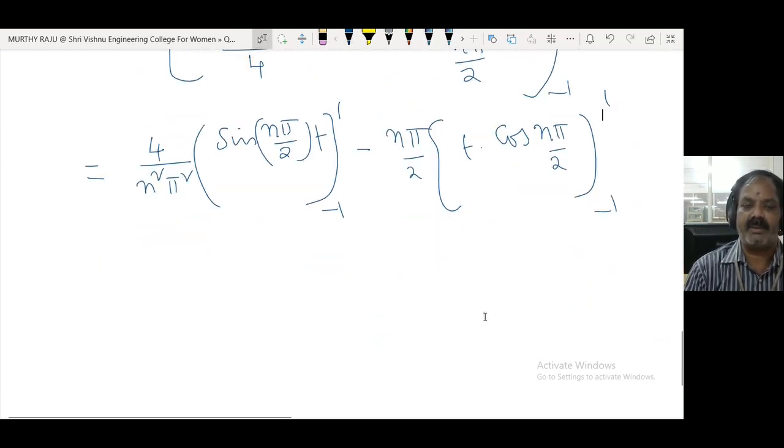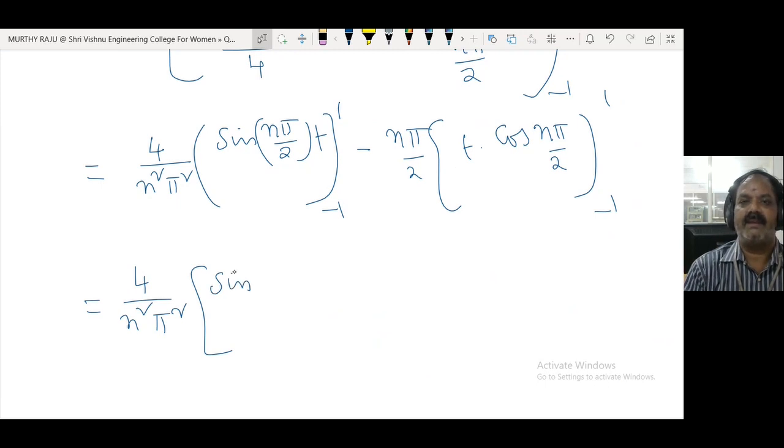Substitute these values in that expression. 4 by n square pi square sin, when t is equal to 1, that means sin(n pi by 2), minus the lower limit, where t is minus 1, sin of minus n pi by 2 is minus sin n pi by 2. That is minus minus plus sin n pi by 2.